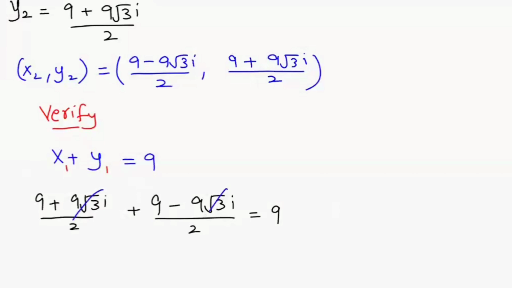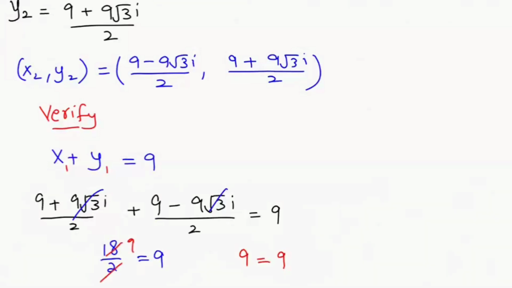This is going to be reduced. Here we have the common denominators, so I'm going to add up the numerators. So 9 plus 9 is 18 over 2, which is equal to 9. And this is going to be reduced to 9. So the left hand side equals the right hand side. So the values of x1 and y1 we found are absolutely correct.